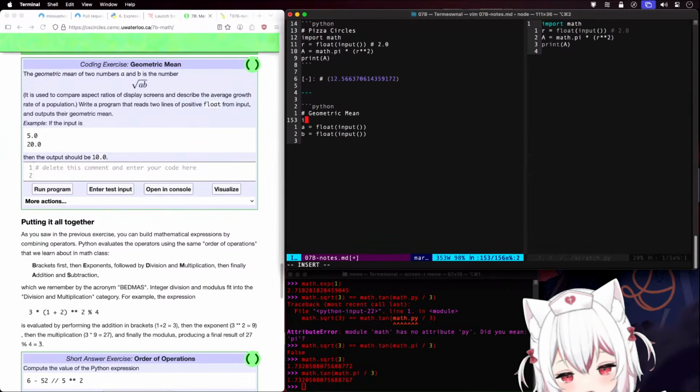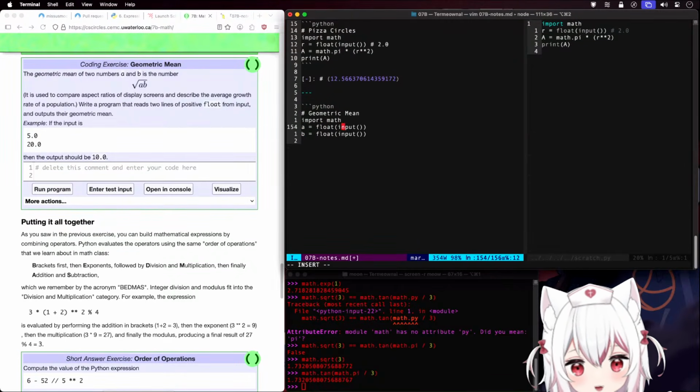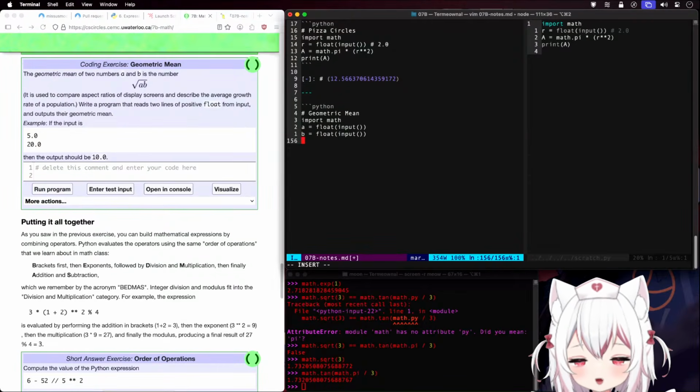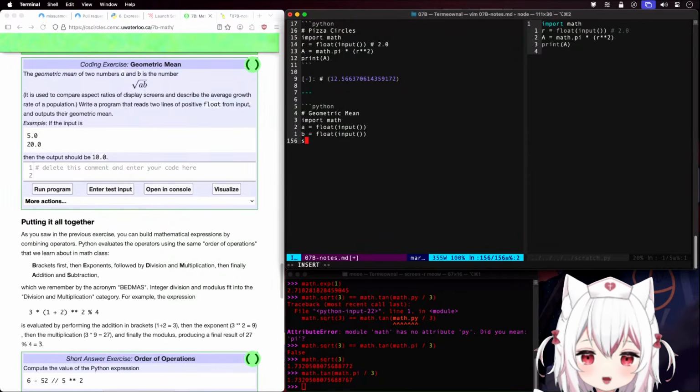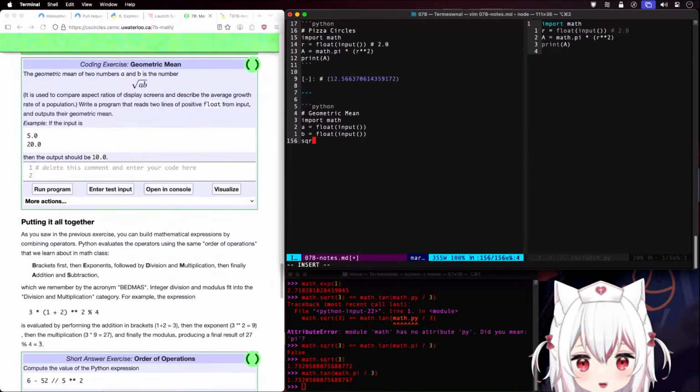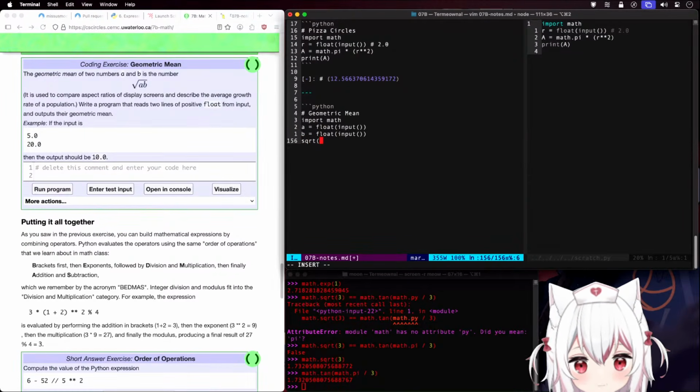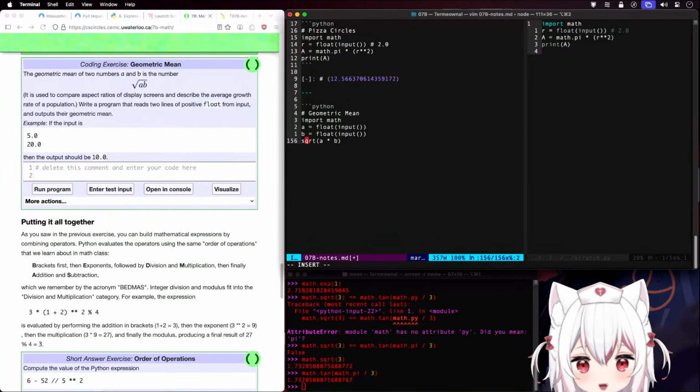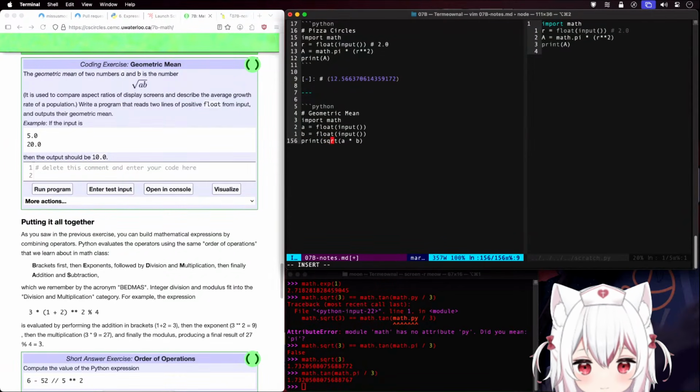This is still practicing using math. So we need the square root. Square root of a times b. Right. Oh, but we need it from math.